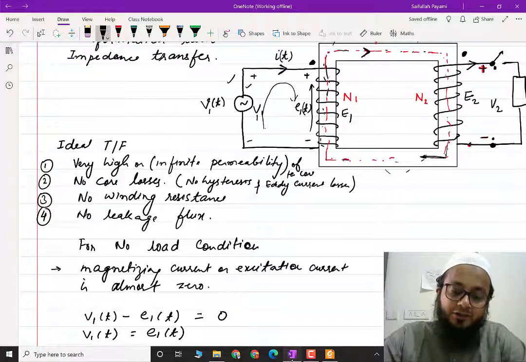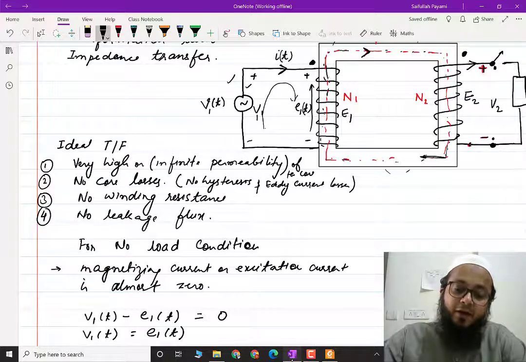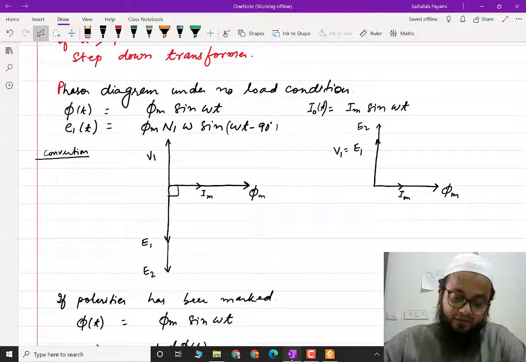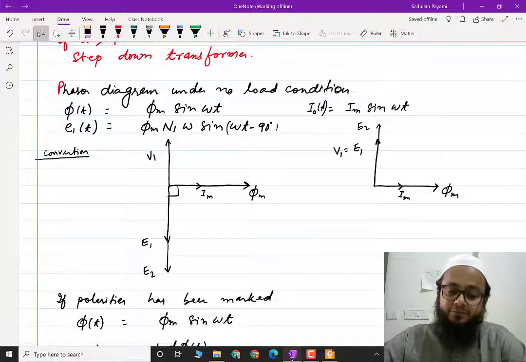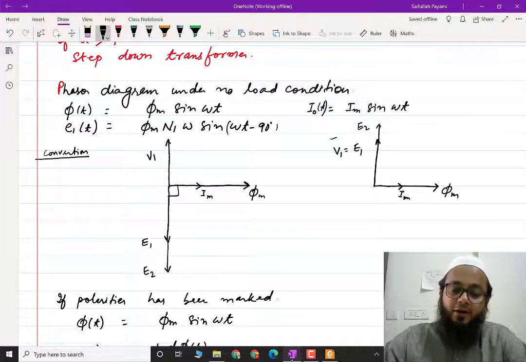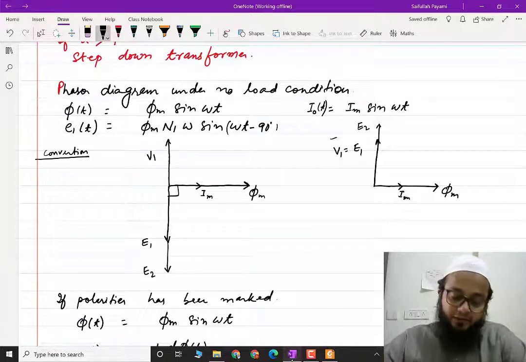Current is coming out of the positive terminal. So the power is being delivered, and for the transformer, the induced EMF, power is being absorbed. That's why I have shown V1 and E1 in the opposite direction here. Another convention is that V1 and E1 are shown in phase with each other, and one has to keep in mind that if I'm talking about V1, the power is being sent to the transformer, and the power is being absorbed by the transformer.